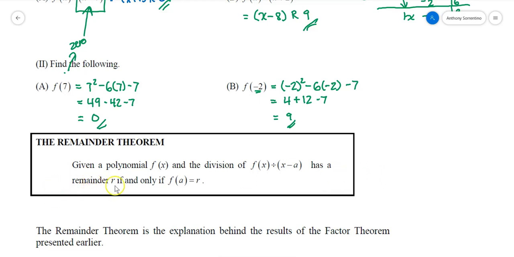Has a remainder r if and only if f of a equals r. So basically, if I want to figure out what the remainder is, all I have to do is plug in the number, the potential 0 I'm going to have from the factor, and it's going to tell me what the remainder is. That works for these linear binomials, and that's the whole reason why the factor theorem works.